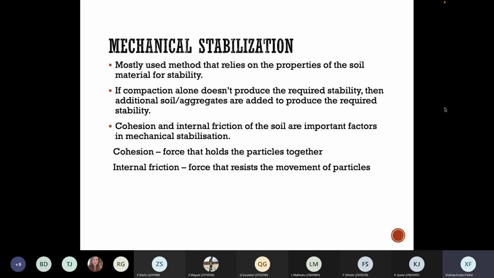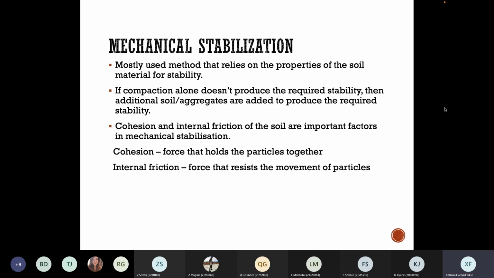If your soil was gap graded, introduce other aggregates to make sure that the soil is well graded so that the soil is more stable. So mechanical stabilization relies on the properties of the soil itself without you adding anything to it, right? If compaction alone does not produce the required stability, then additional soil aggregates are added to produce the required stability.